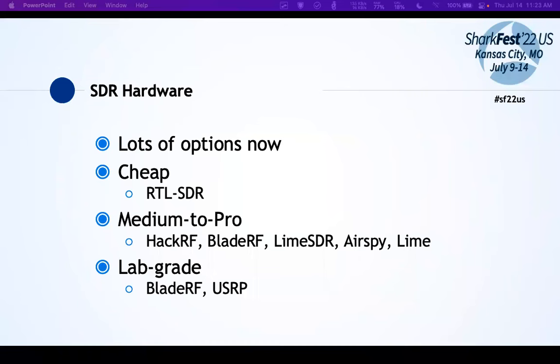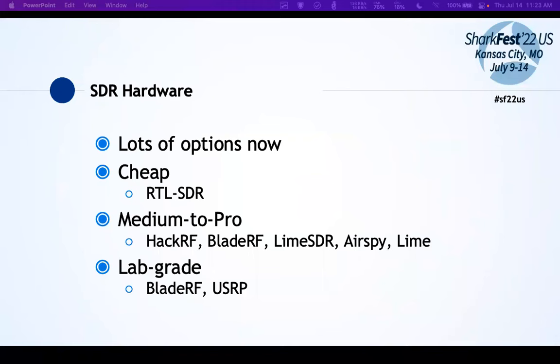On the medium scale, there's the HackRF, the BladeRF, the LimeSDR, the AirSpy. They're all kind of similar devices, and we'll talk a bit more about them towards the end. And if you're looking for super high-end, lab grade, full company support behind it, research quality and whatnot, there's the USRP, the Universal Software Radio Peripheral, which was one of the first SDRs out there.